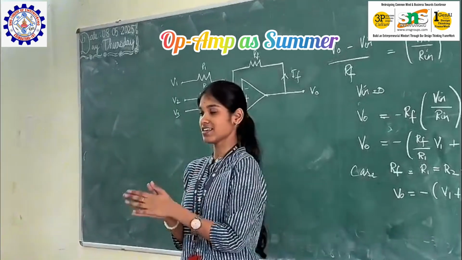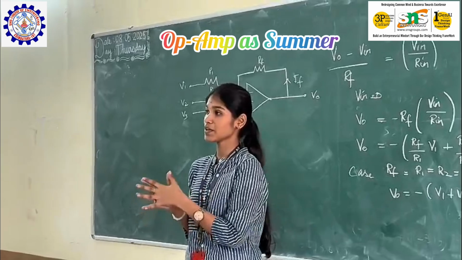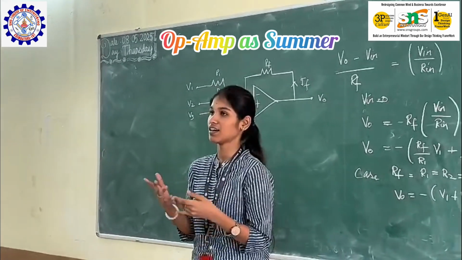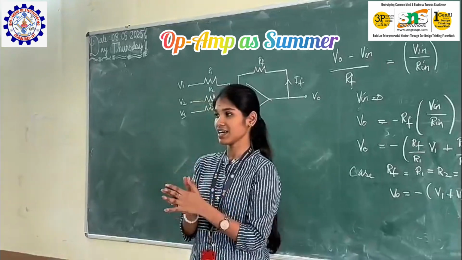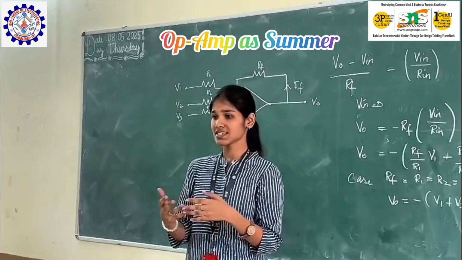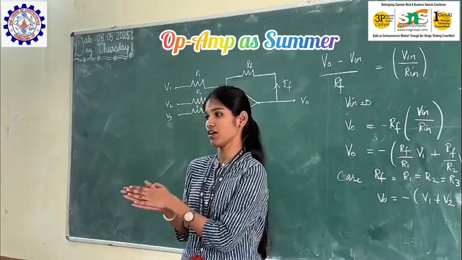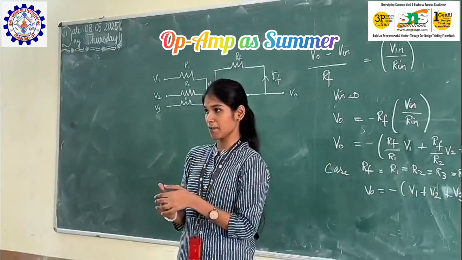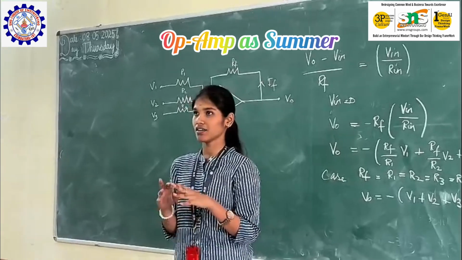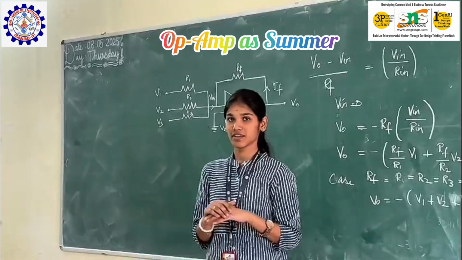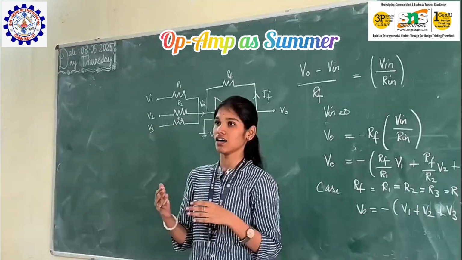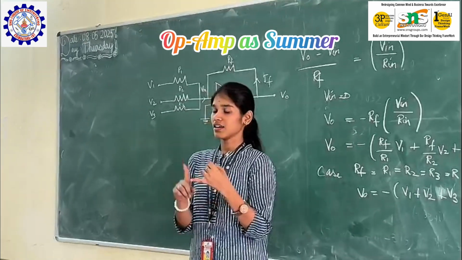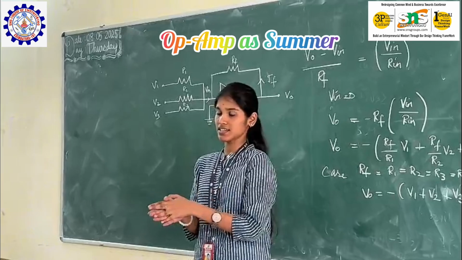Real-world applications. In modern homes and buildings, we use smart thermostats, right? The system automatically controls the temperature, air quality, etc. So the system decides whether to cool or heat on the basis of the summing amplifier. It does this based on the input voltages given by the sensors, like the temperature sensor and the air quality sensor.